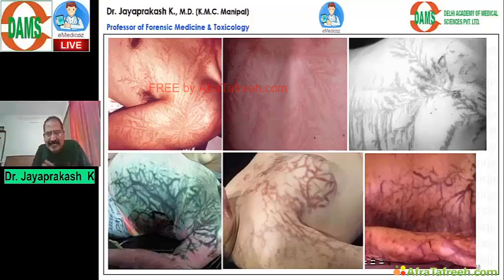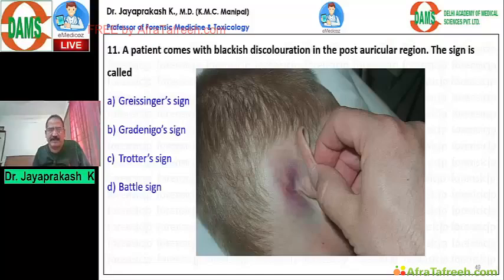Marbling means staining of the walls of superficial veins by sulfhemoglobin. The first one, with branches of tree-like appearance, looks like a capillary network. But marbling, the lower 3 photos, is a venous network, which becomes prominent in 36 to 48 hours.